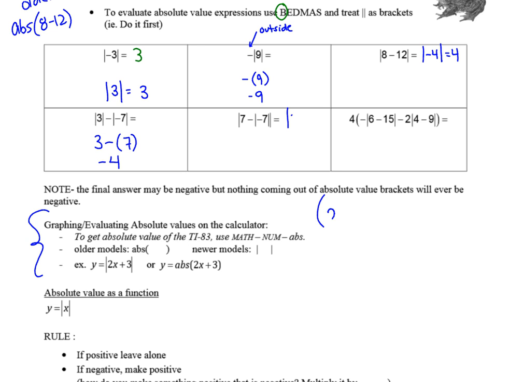Like if I had 2 plus 3 times 6 plus 5, how would I start that? Right, you work from the inside out. You know what to do. 7 minus, what's the absolute value of negative 7? 7. 7 minus 7? 0. Absolute value of 0? 0.